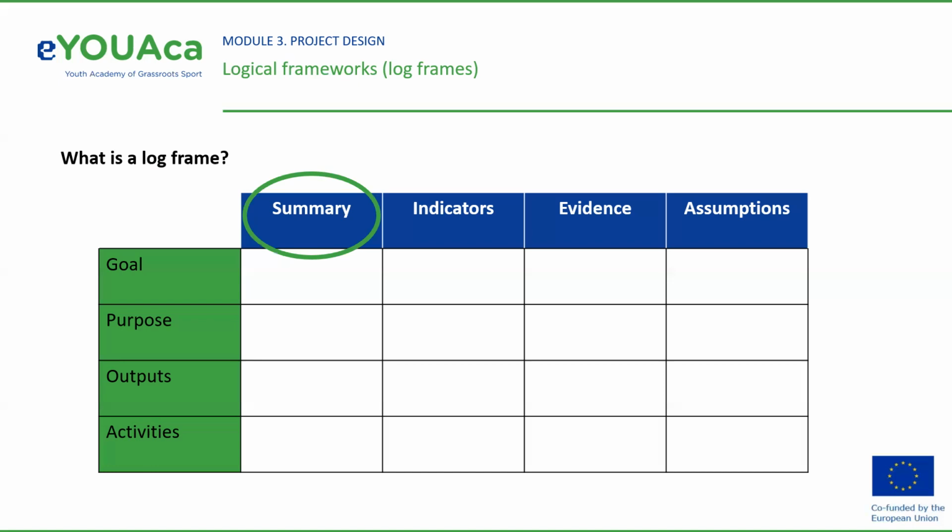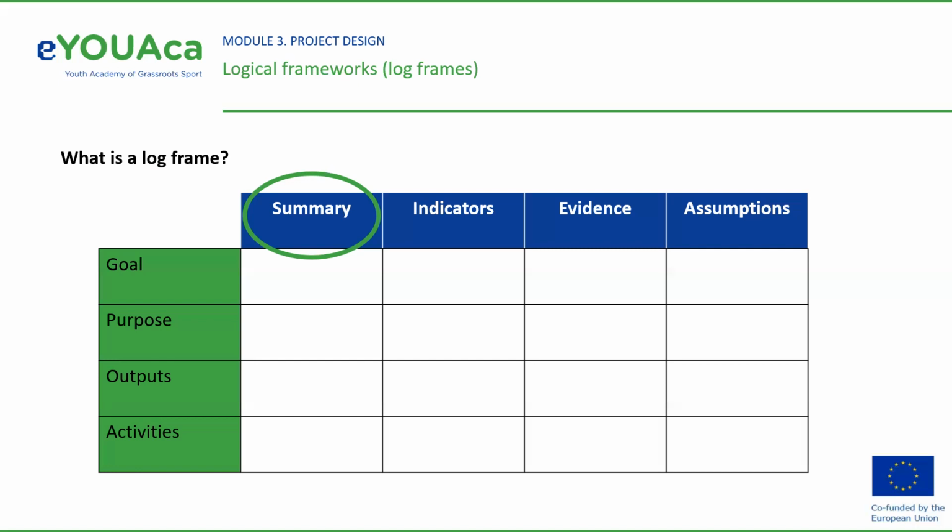When the objective hierarchy is read from the bottom up, it can be expressed in terms of: if the activities are undertaken, then outputs can be produced. If outputs are produced, then the purpose will be achieved. And if the purpose is achieved, then this should contribute towards the overall goal.